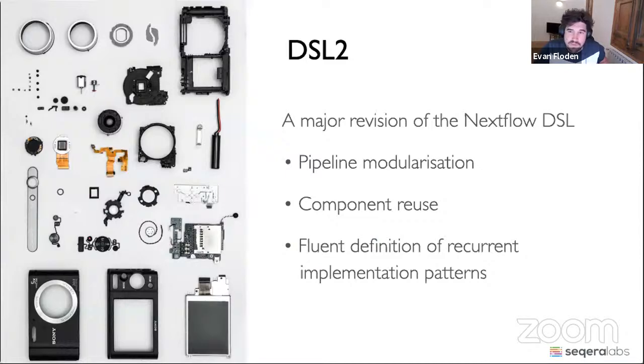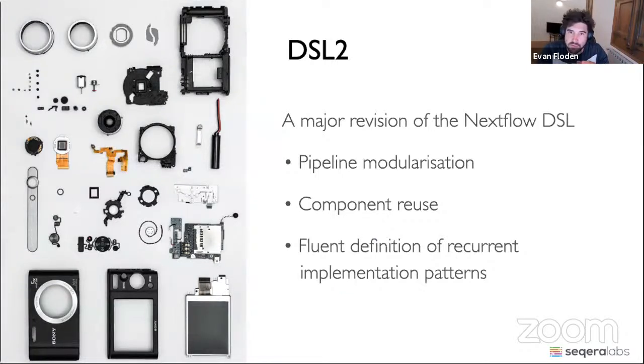We've been working on this for a long time, as it was one of the most requested features over the years: to be able to add this to Nextflow, to modularize the workflow definition, to create independent components, and then to reuse those independent components in different workflow projects. So the reuse of components was an exceptionally important part.